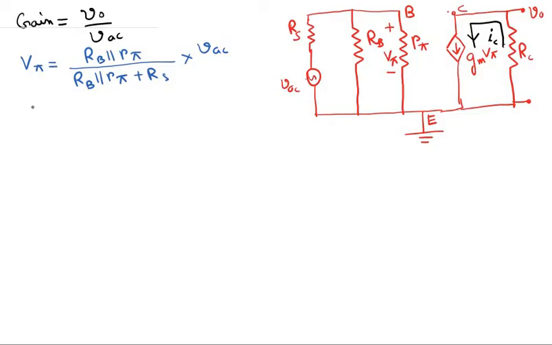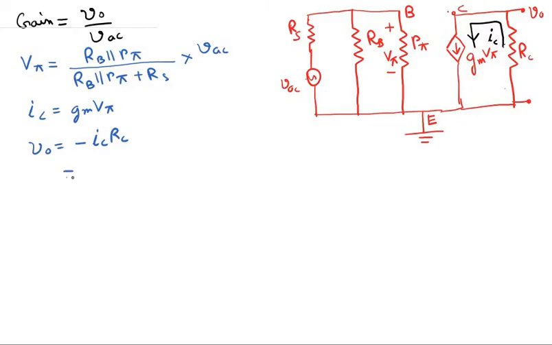Now IC is basically equal to GM times V pi. Okay, and the output voltage V0 is basically equal to minus IC times RC. Okay, why minus? Because the current is flowing from the ground, or the direction of the current is from the ground towards the voltage source V0. That is why minus IC RC over here.